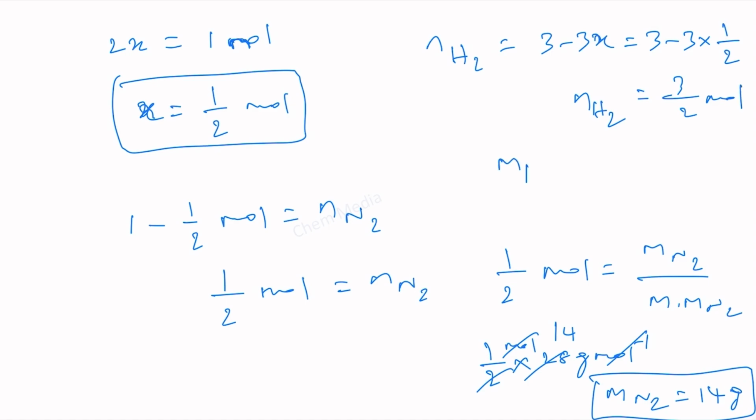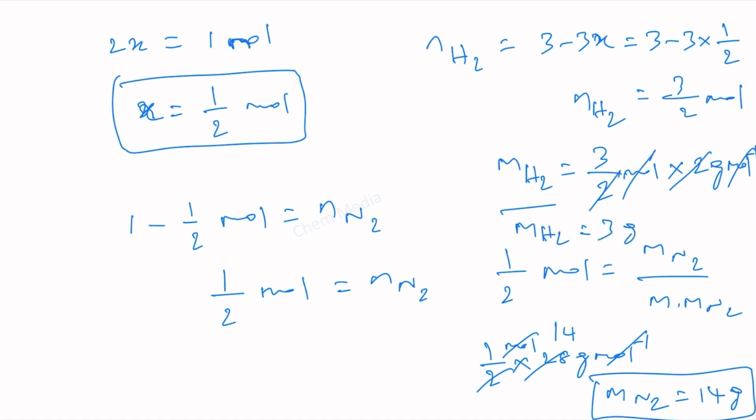Therefore, mass of H2 is equal to 3 by 2 mole times molar mass of H2, 2 gram per mole. Therefore, mass of H2 is equal to 3 gram. So, that is the correct answer. 14 gram of N2, 3 gram of H2 is the weight at equilibrium.